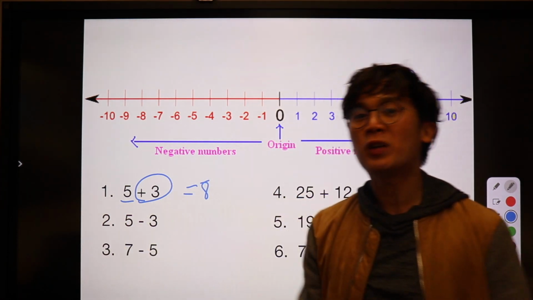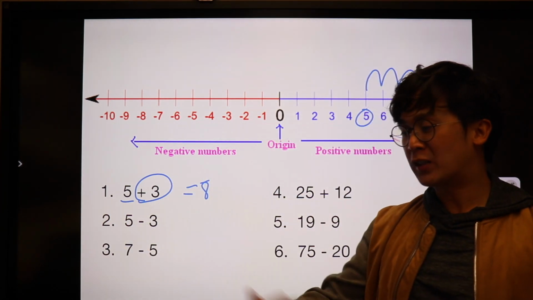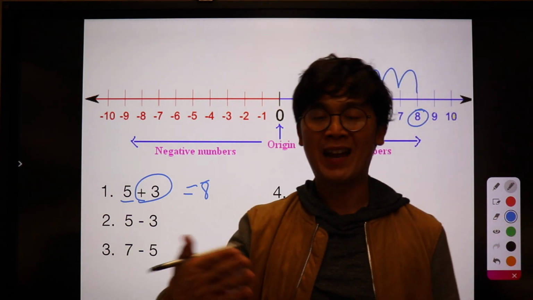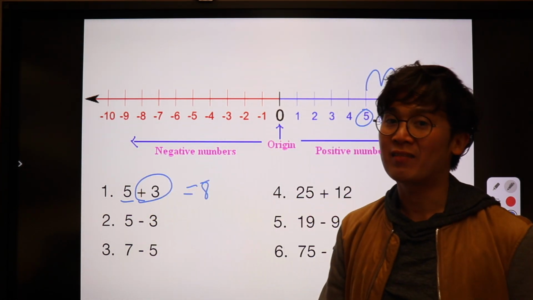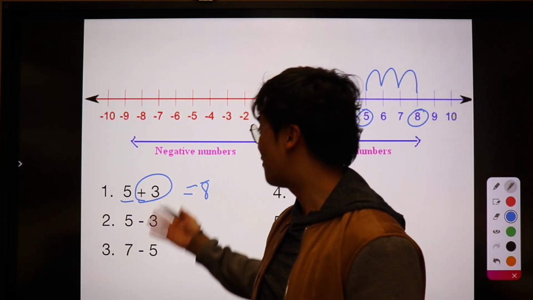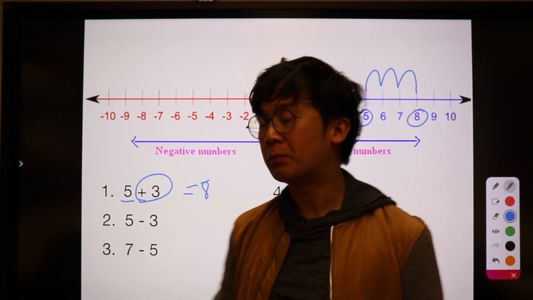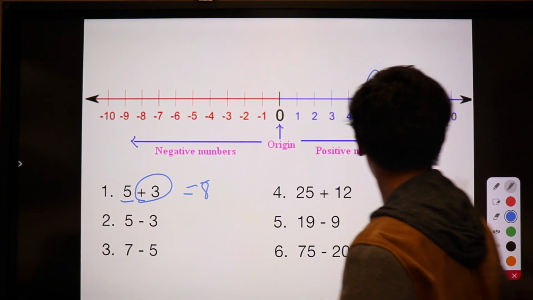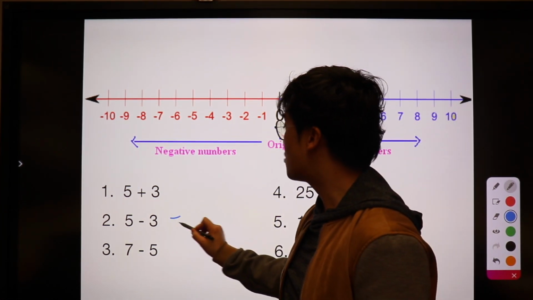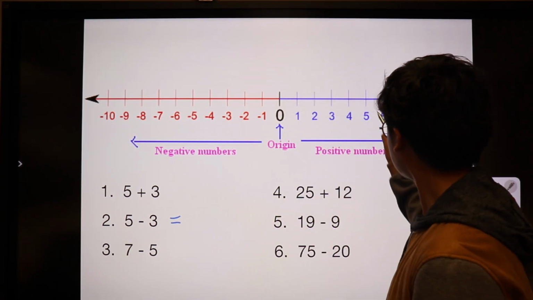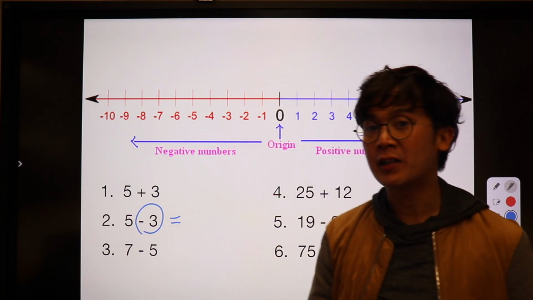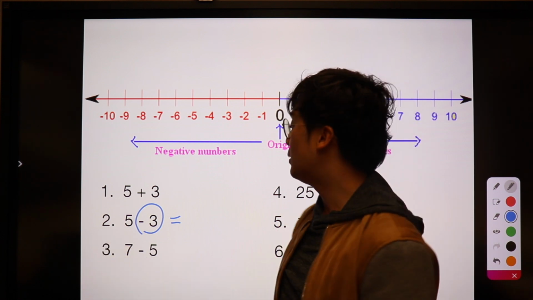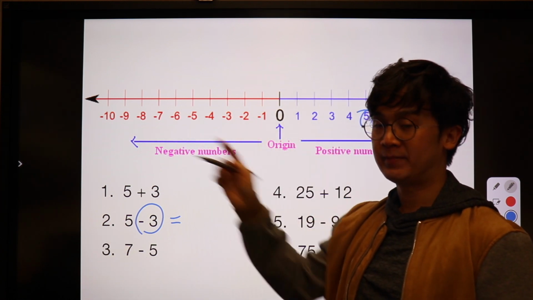And it's pretty intuitive because as individuals who are working on an algebra problem, we've seen regular math problems like this already. So doing 5 plus 3 and 5 minus 3 could be pretty simple. But if we're going to be using the number line, for 5 minus 3, we will start at 5. And since it is now negative 3, it means the direction of our skips will be to the negative side.